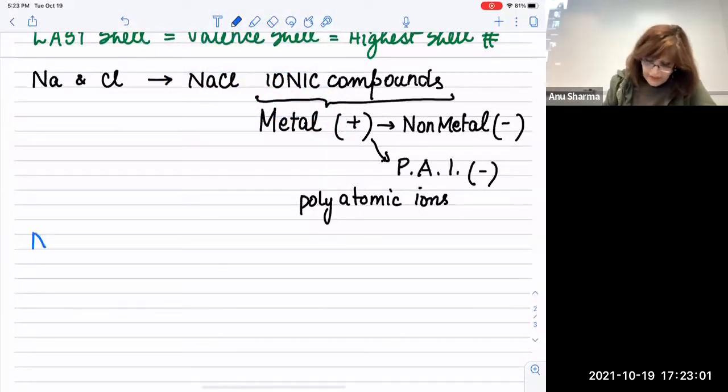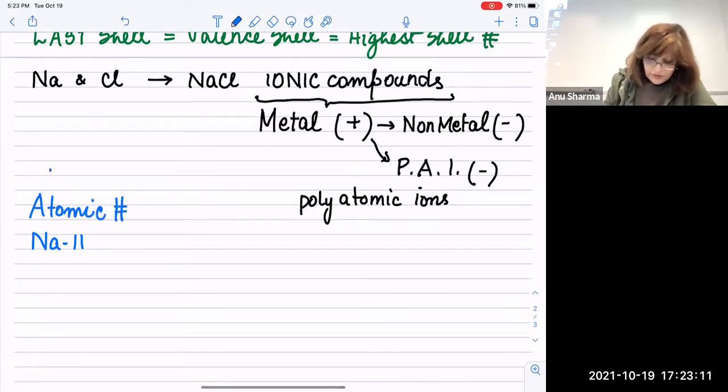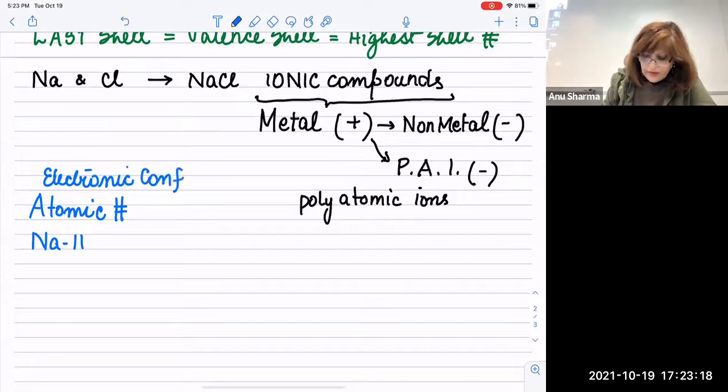So sodium has 11 electrons, like the mass. So this here is the atomic number. So anytime you're looking at the electronic configuration, from now onward, I'm going to just write down for electronic configuration, I don't have to write this big word.